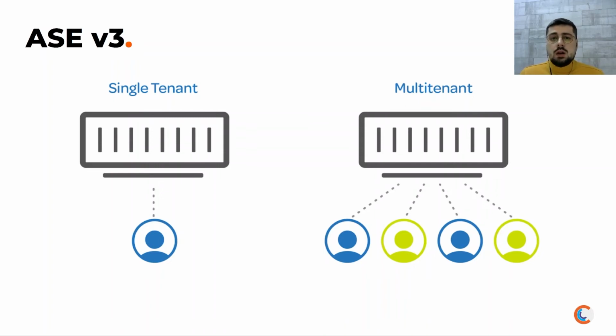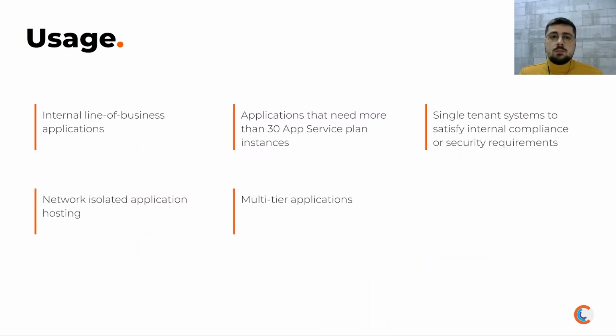By the way, in App Service Environment v3 the underlying technology is based on virtual machine scale sets instead of cloud services, which solves a lot of problems from the previous version. App Service Environment is appropriate for application workloads that require large scale isolation and secure network access, high memory utilization, and more requests per second.